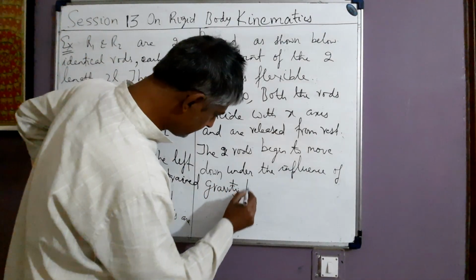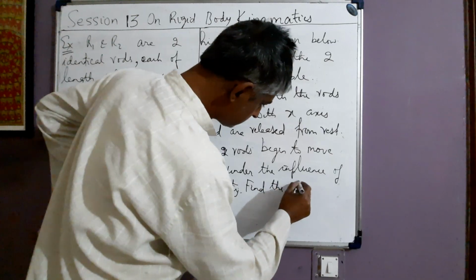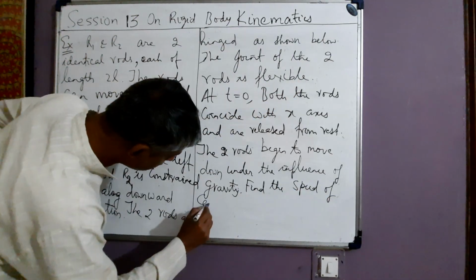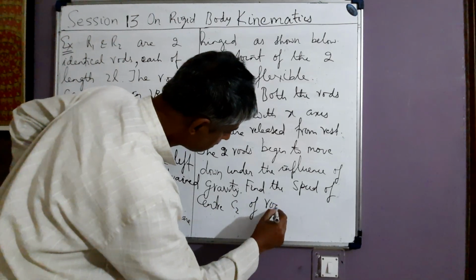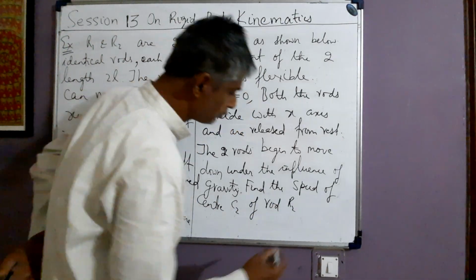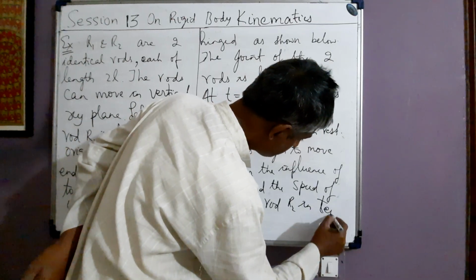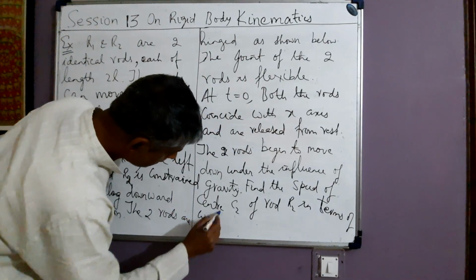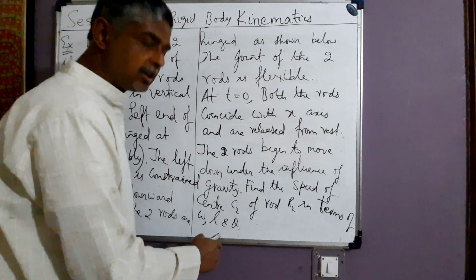The question is, find the speed of center C2 of rod R2 in terms of omega, L and theta. Omega and theta will be specified.